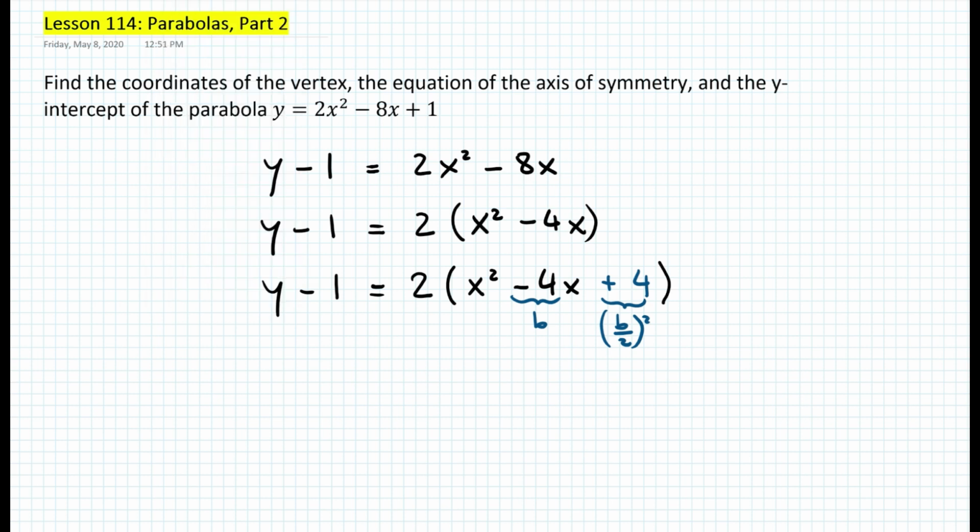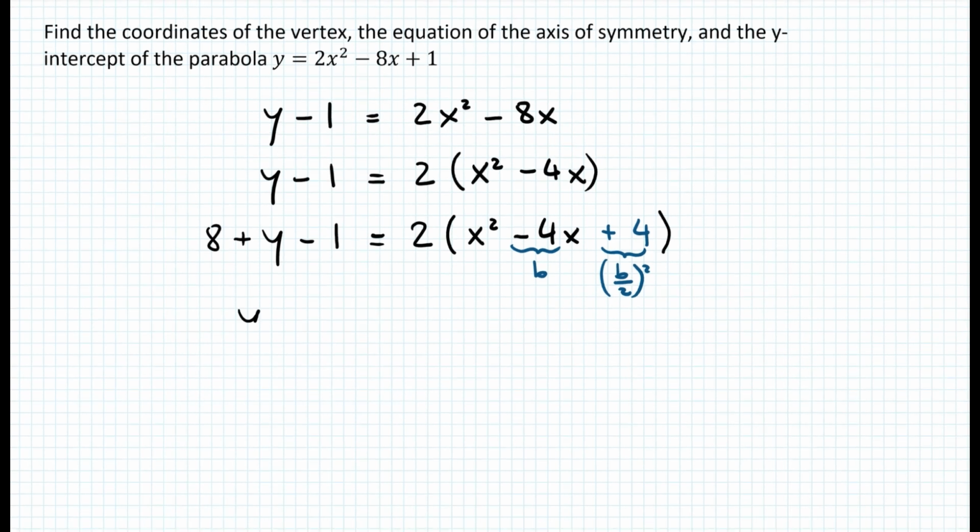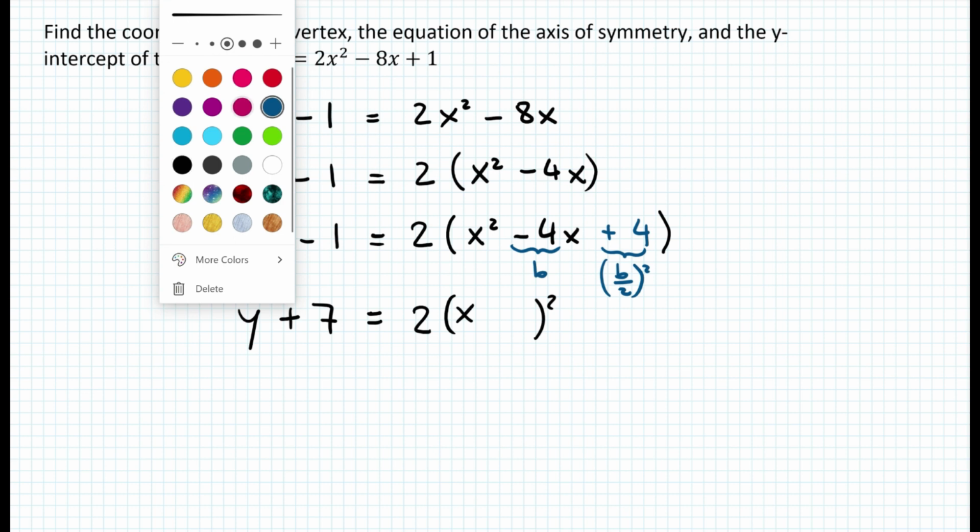So you close the parentheses, and now on the left side of the equation, we want to add 8. The reason why we add 8 is because we have a 2 over here and a 4 over here, which multiply to 8. So let's simplify this. So this becomes y plus 7, because we have 8 minus 1, is equal to 2 times, in parentheses, with the squared, x minus 2.